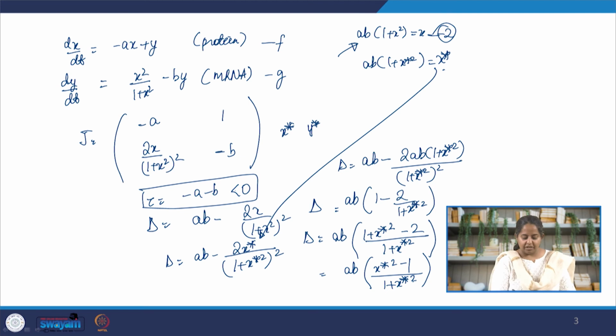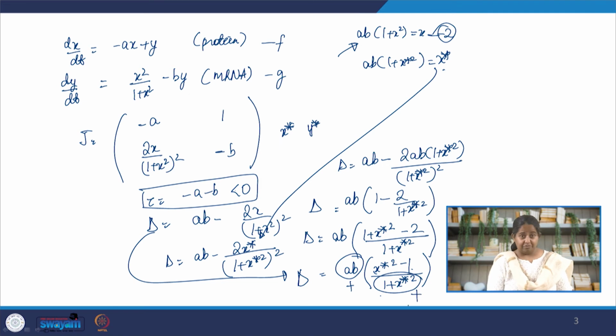What we ended up with after simplifying is that the determinant is equal to ab times (x star square minus 1) divided by (1 plus x star square). ab is positive for sure. The denominator is going to be positive for sure for all real values of x. We are only talking about when we still have the 3 fixed points. The numerator, x square minus 1, is going to vary with the values of x.